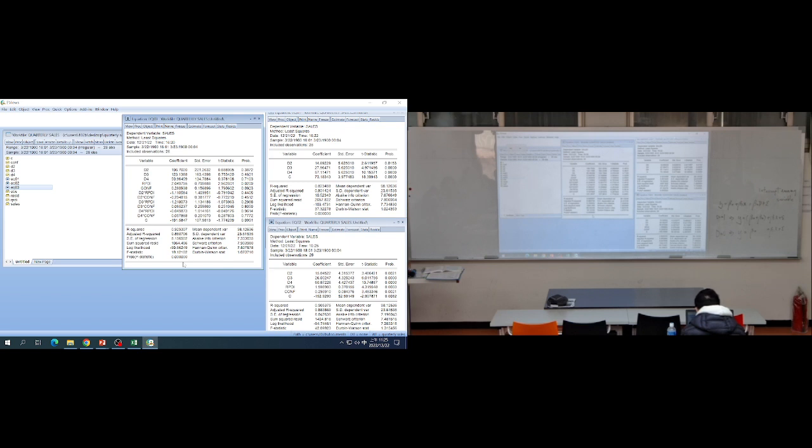Then add D2 times this, then D2 times RPDI, and do it one by one. So I say it's easier to put it in Excel, then import it, then do it here, right?